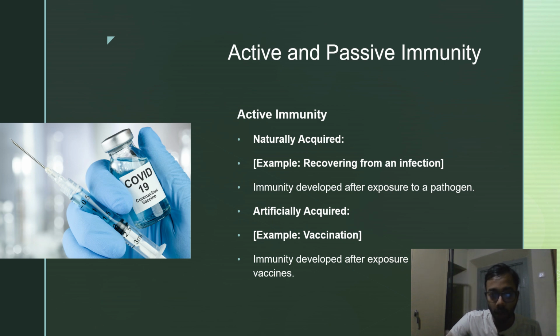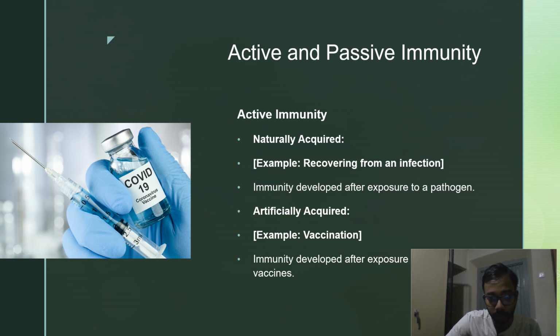Active, in the sense, refers to the active production of antibodies within your body. So that is what active is referring to. It means immunity developed after exposure to a pathogen, such as recovering from an infection. In the previous example, after exposure to COVID-19, your body is actively producing antibodies.